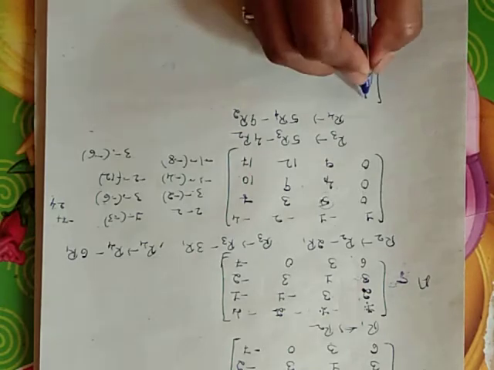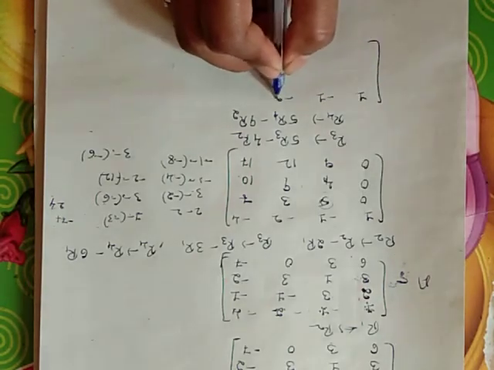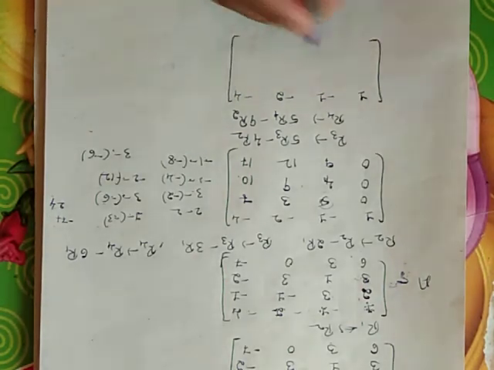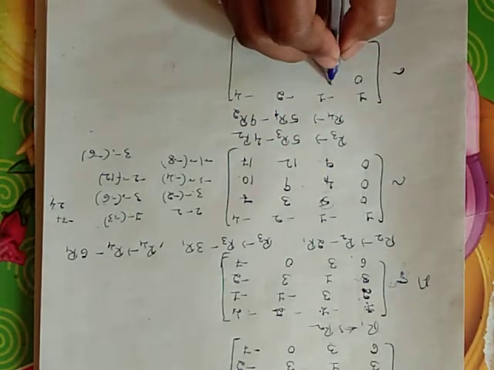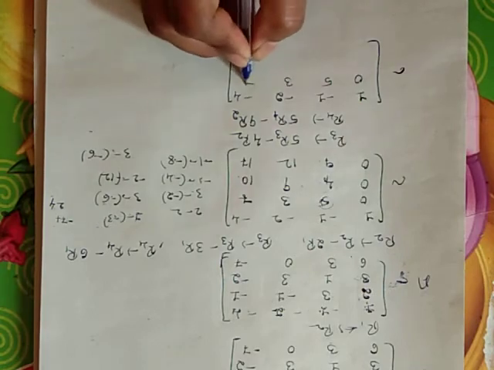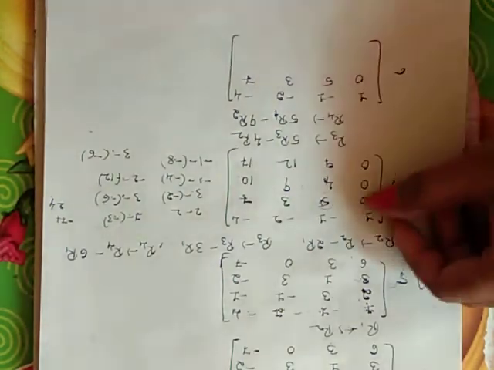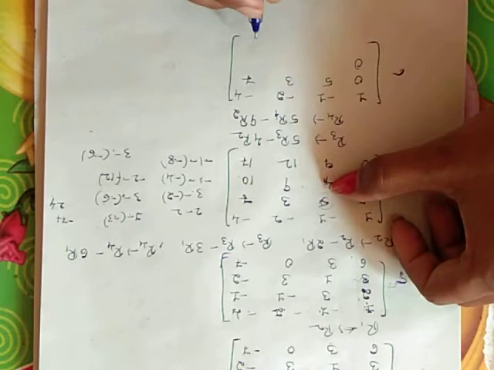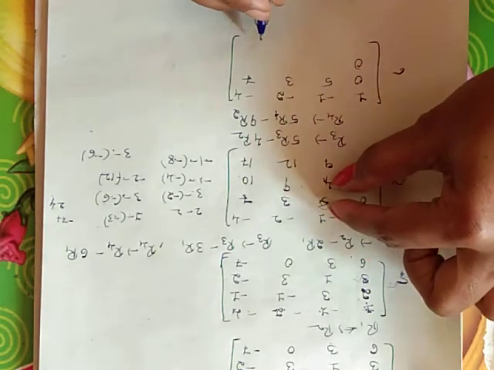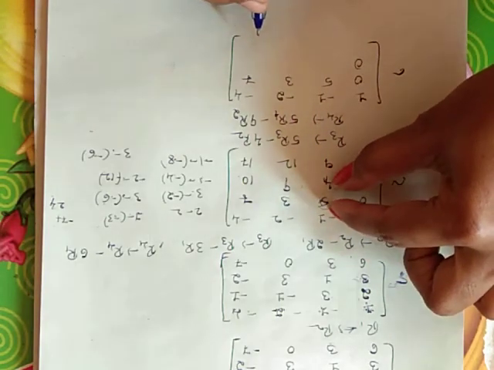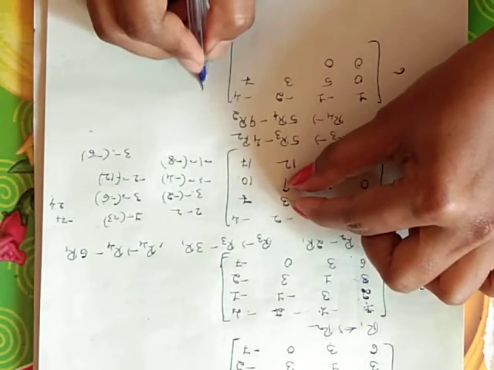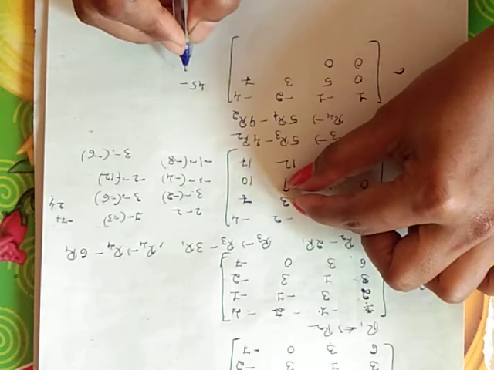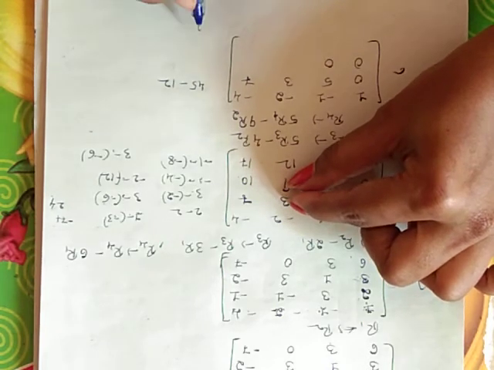Now the matrix becomes 1 minus 1 minus 2 minus 4, 0 5 3 7, 0. 5 into 4, 20, minus 4 into 5, 20. 20 minus 20, 0. 9 into 5, 45, minus 4 into 3, 12. 45 minus 12, 33.